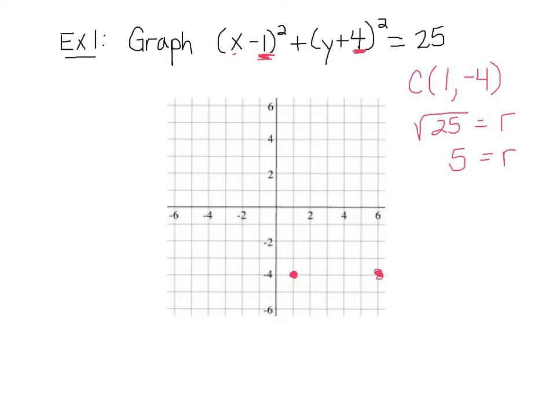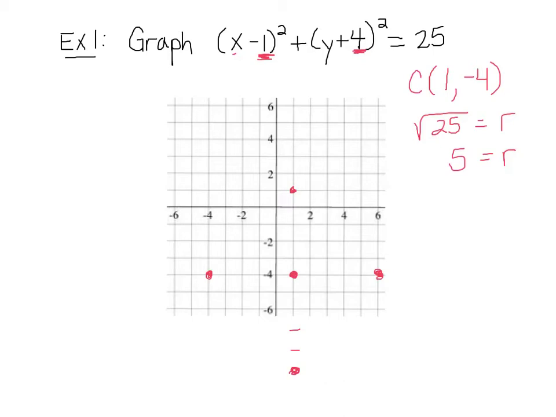If we go to the left 5, we're going to be here. If we go up 5, we're going to be here, and if we go down 5, we're going to be off our graph, so let's just do the best we can. It would be approximately right here.